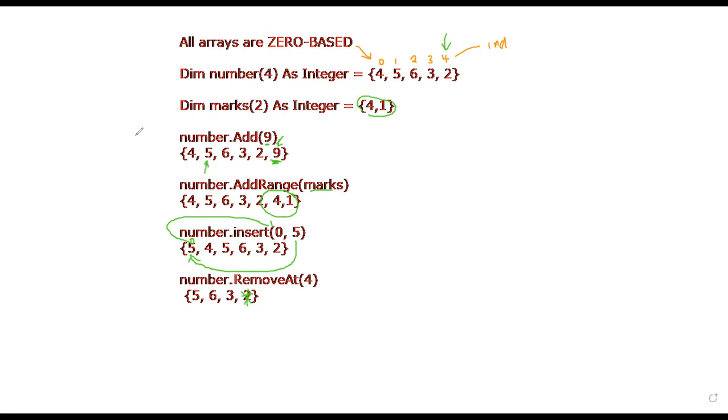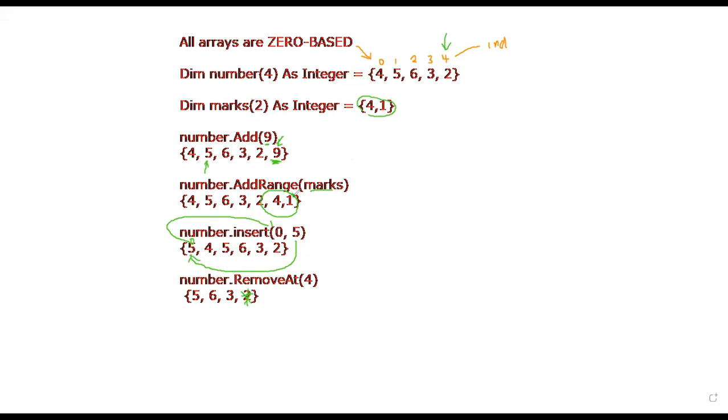I don't get it. I'm lost. Which of the examples are you talking about? Add range. Yes. So the add will add only one element at the end. However, the add range will add more than one element. In the add range, we are adding a range, which is max, and max is made up of 2 elements.